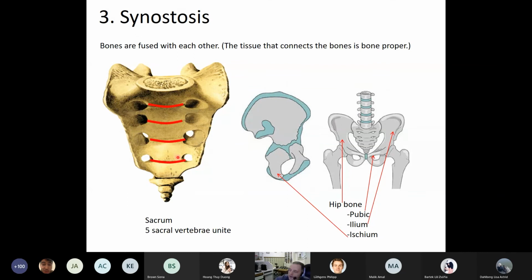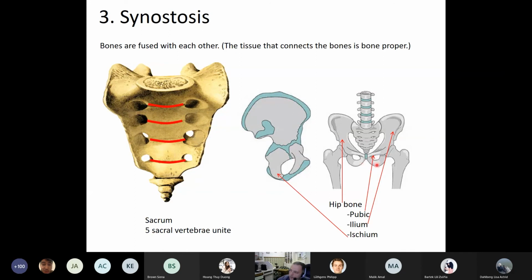These are the places where the borders of the vertebrae were before they have fused. And another example for synostosis could be the hip bone, because the hip bone ossifies from 3 different sources.